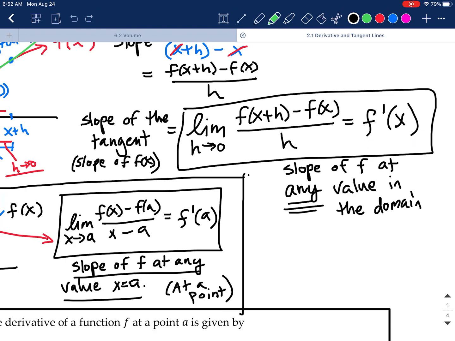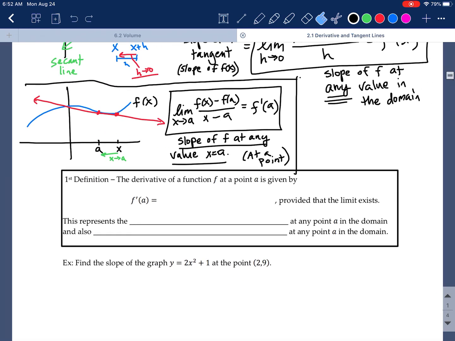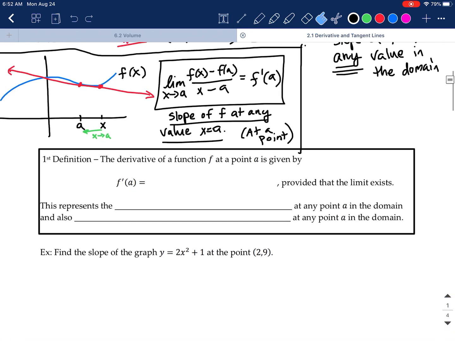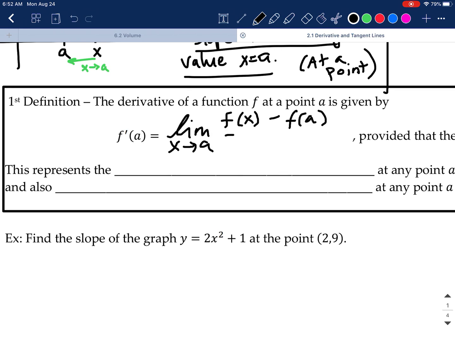So going back here, we will just formalize our definition in the notes here. So our first definition is the definition at a point. So f prime of a is the limit as x approaches a, f of x minus f of a all over x minus a.